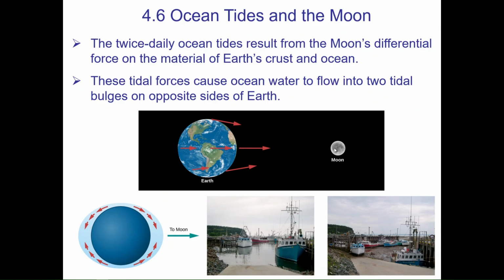the distance. So you can imagine the side of the Earth that is closer to the moon will experience a large force of gravity, a large attractive force. The middle part of the Earth will experience a medium force of gravity.